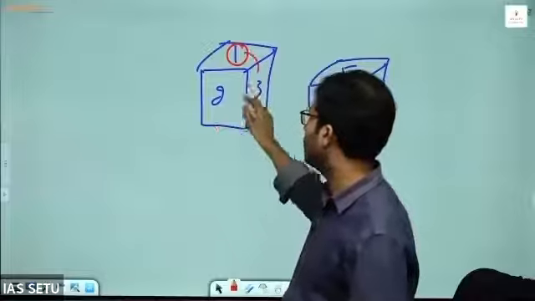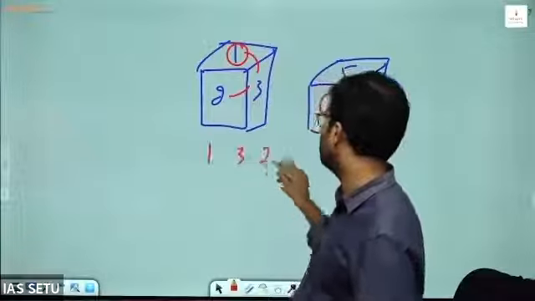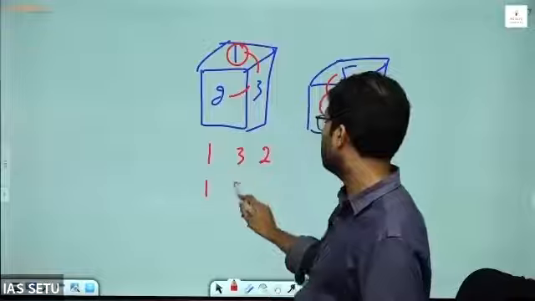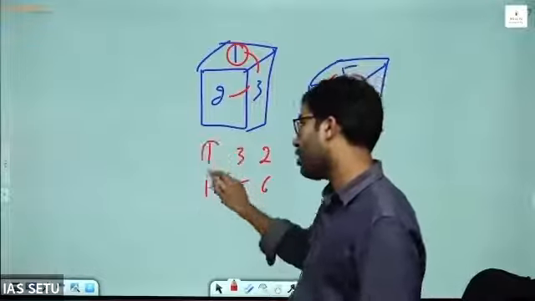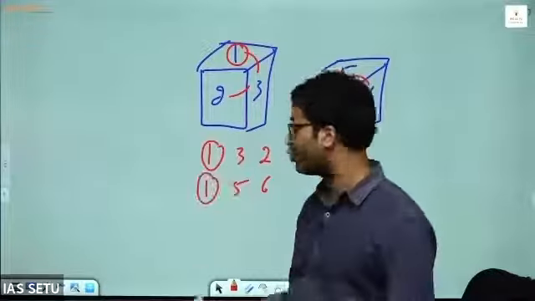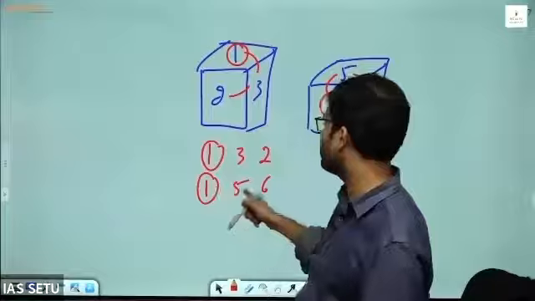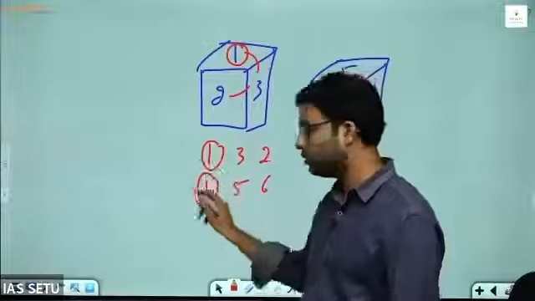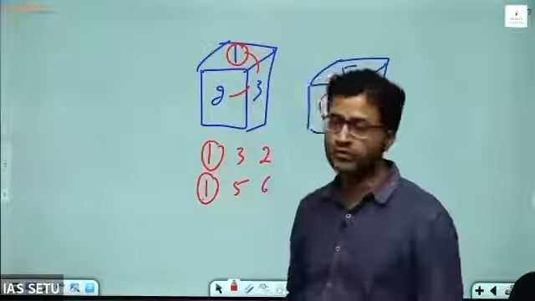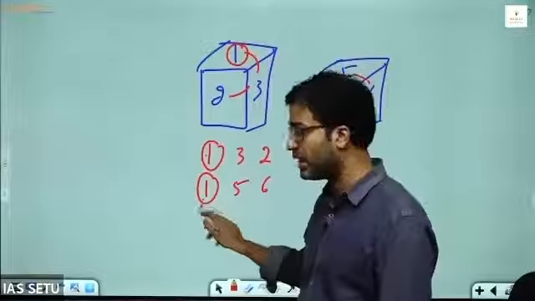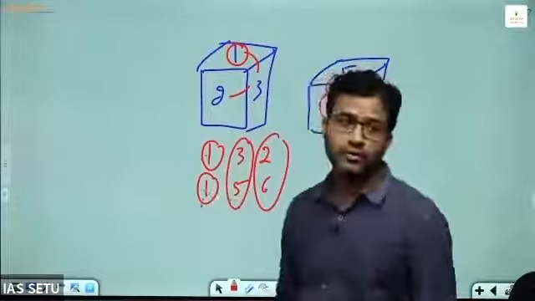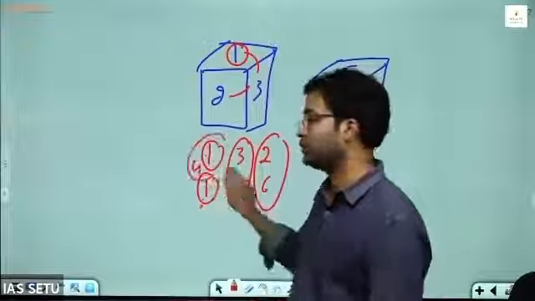Start from 1, read clockwise. This is 1, 3, 2. Start from 1, read clockwise. Below this one, you have to write 1, 5, 6. You have to start from the common face. Some students start from 5 and write 5, 6, 1, and they get the wrong answer. Be careful. If it is 1, here also it has to be 1. Start from the common face, and below this you have to write the same. Here 3 and 5 are opposite, 2 and 6 are opposite. 1 cannot be opposite of 1, so 1 and 4 are opposite.